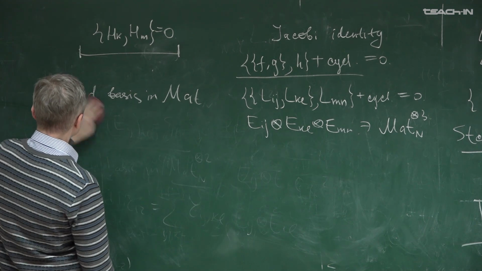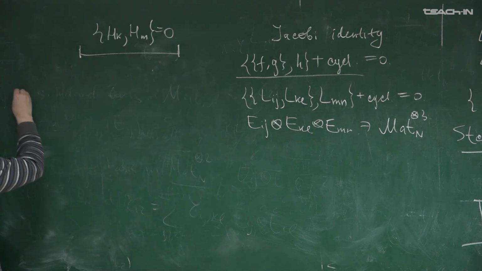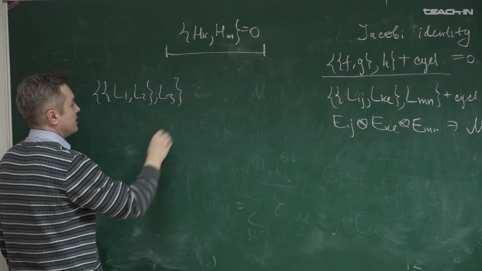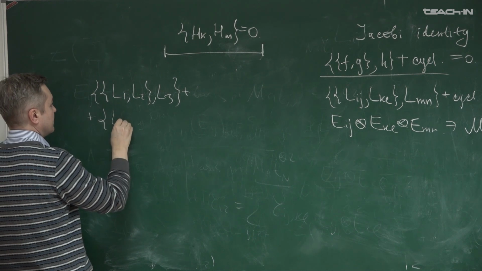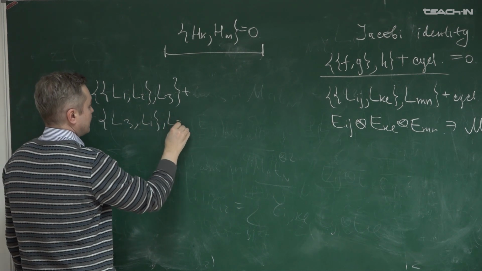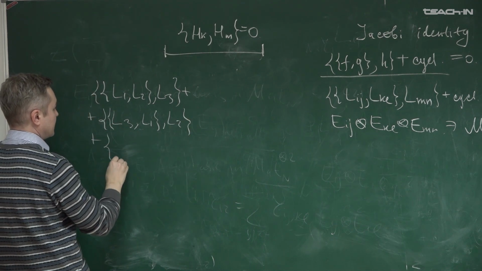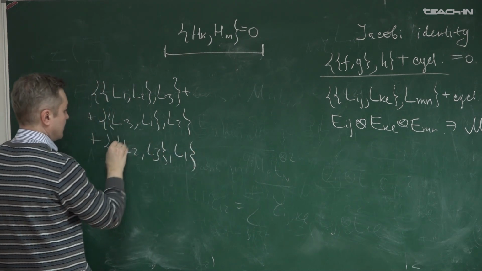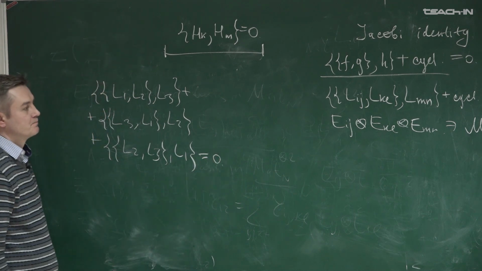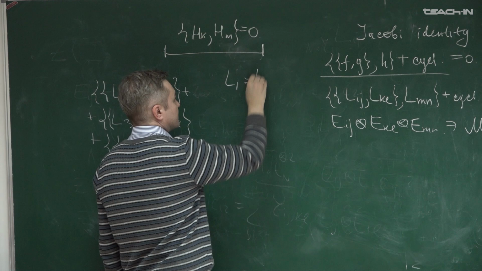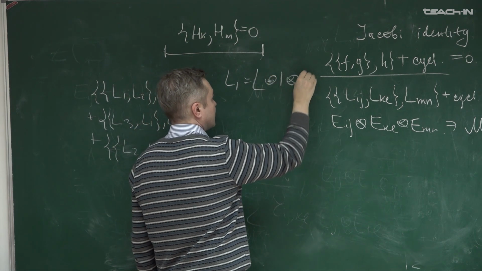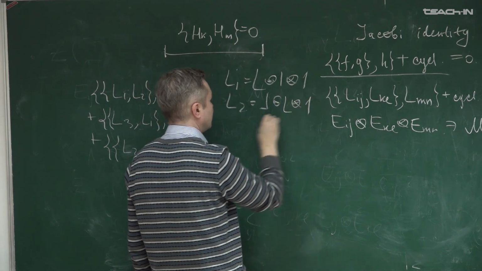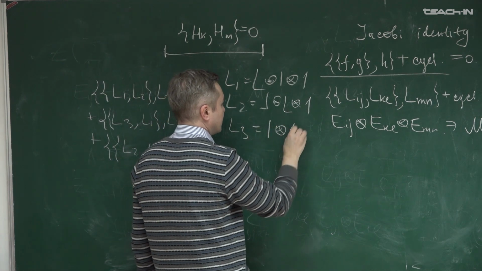So the Jacobi identity can be written like this: {L1, L2} with L3, plus {L3, L1} with L2, plus {L2, L3} with L1, is equal to 0, where now L1 is L times 1 times 1, L2 is 1 times L times 1, and L3 is 1 times 1 times L.